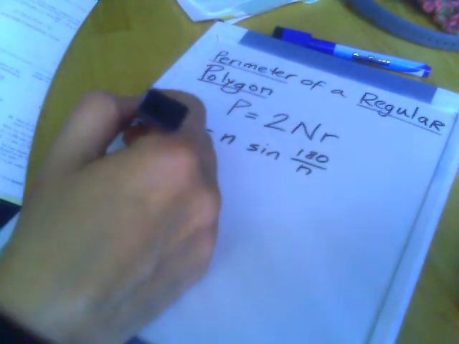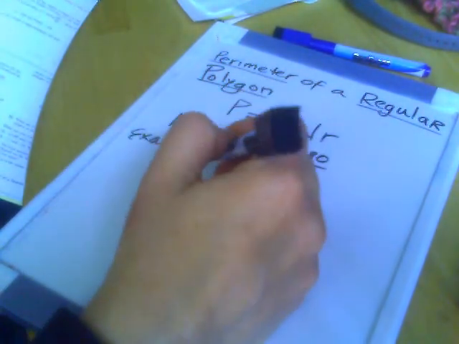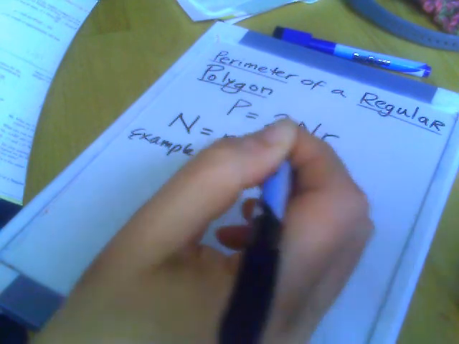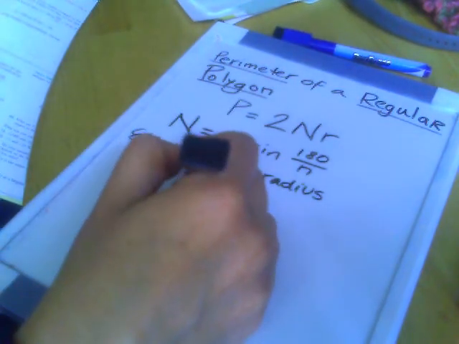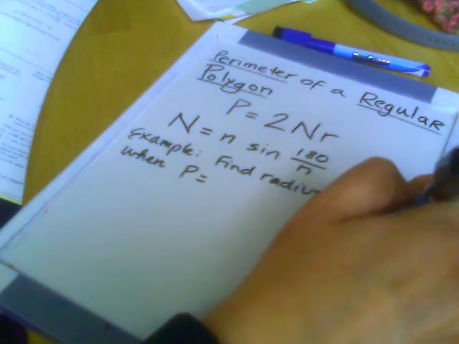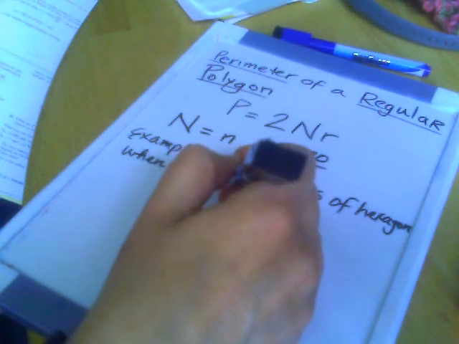Okay, so let's do an example using this. We want to find the radius of a regular polygon, say a hexagon, when we know the perimeter is 18.